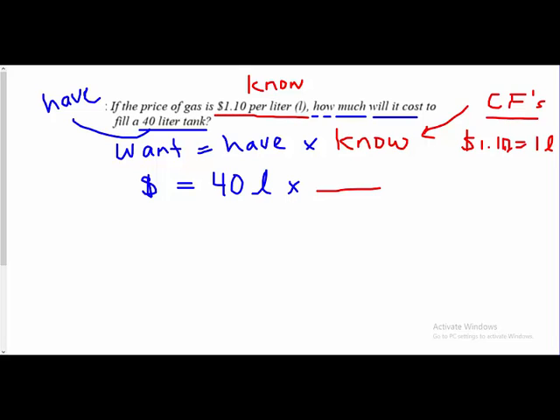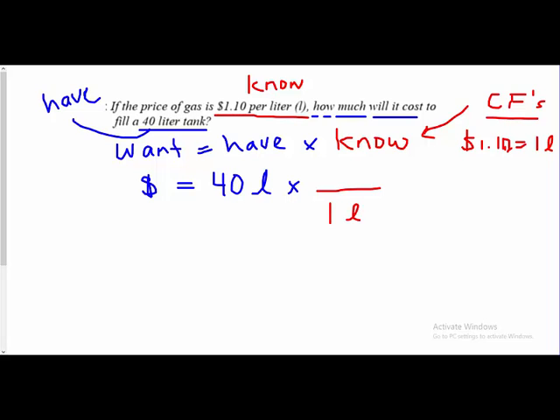So I'm going to put in my conversion factor, and it's important that I put the 1 liter on the bottom in the denominator of this conversion factor, like so, because I'm trying to cancel out liters. So if I have 40 liters in my calculation, that's what I have. I need to ensure that when I put in my conversion factor, liters is directly across from that so that it cancels.